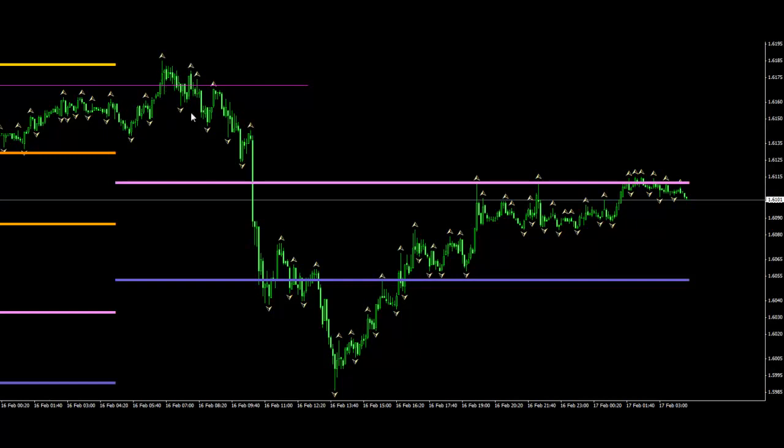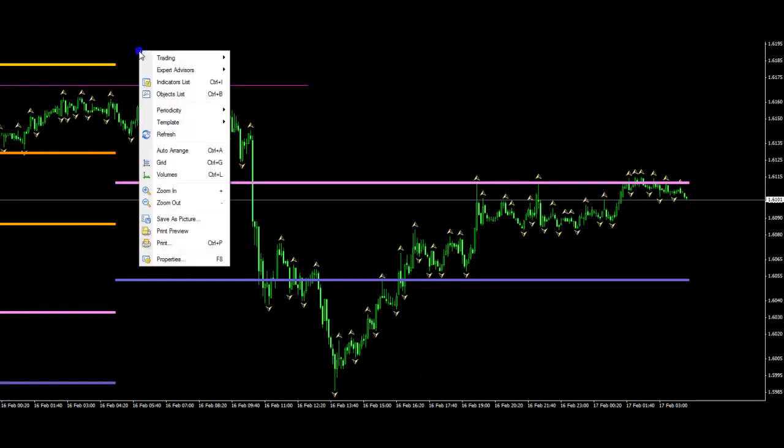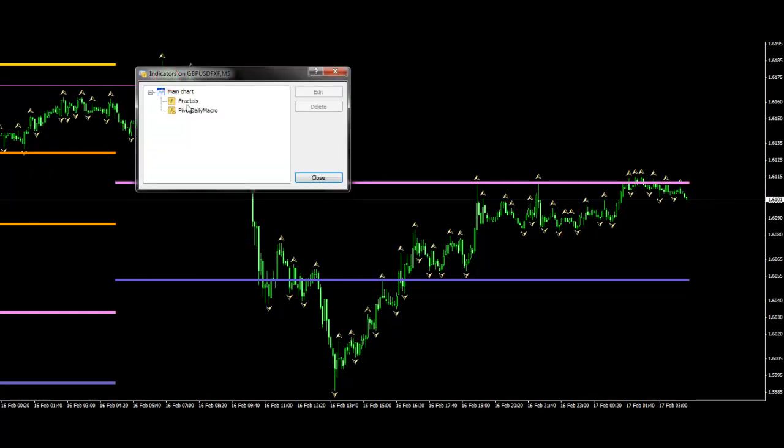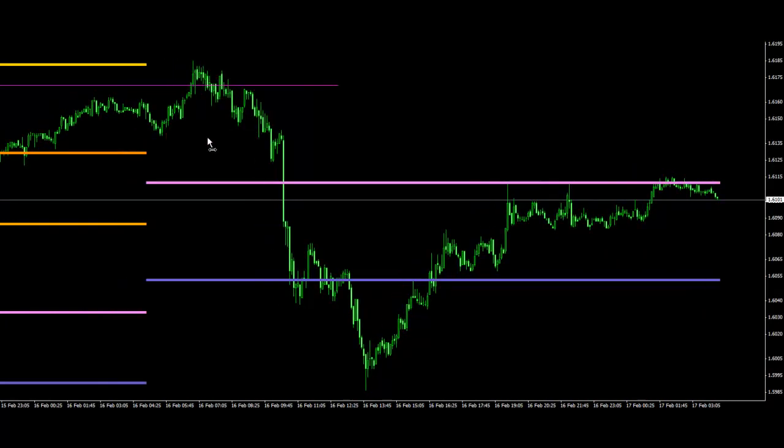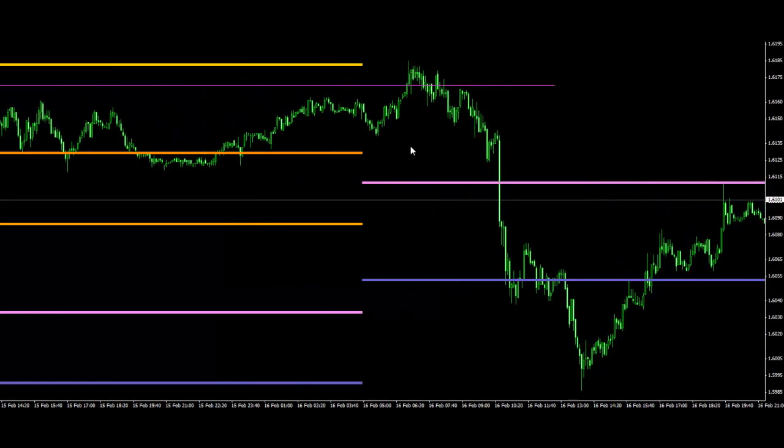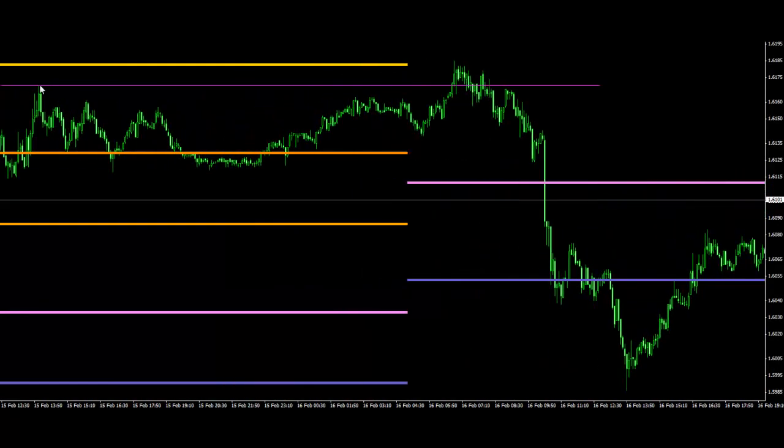Alrighty, I'm going to take the fractals out just for clarity. Okay, we have a high. The price moved above previous day's high. Previous day's high here, traded above, and then we started to slip down in here.